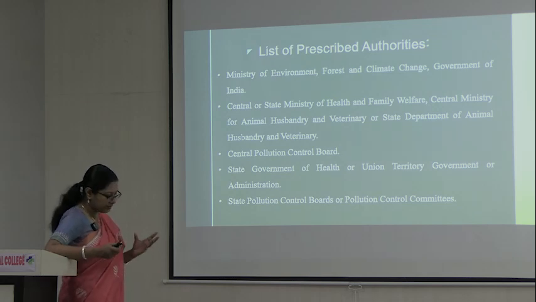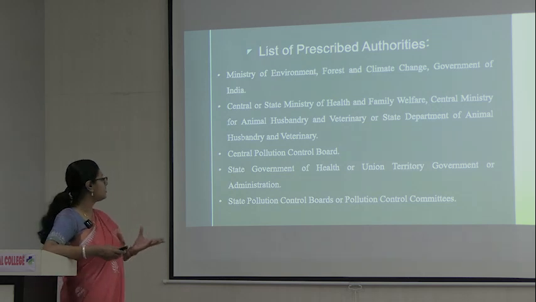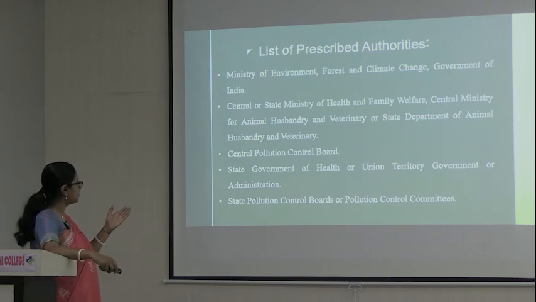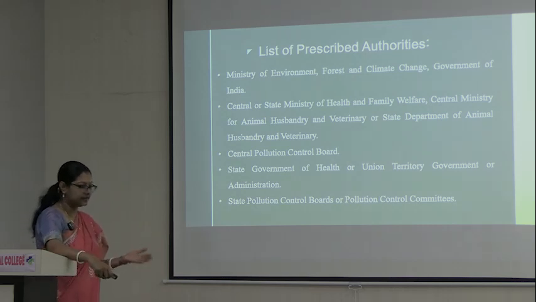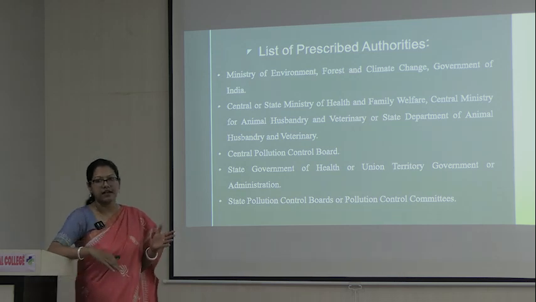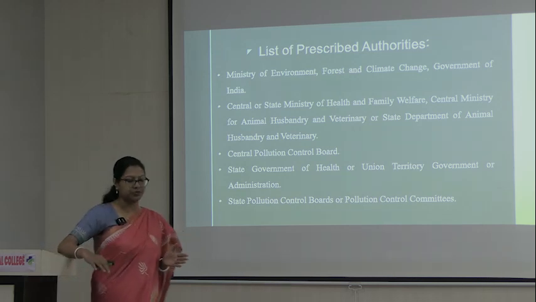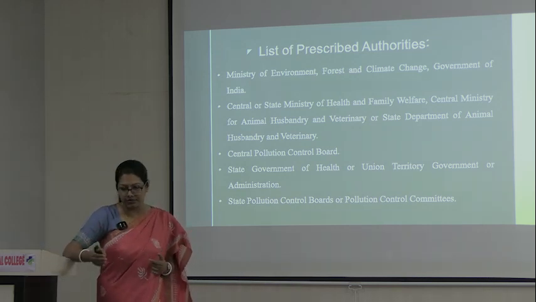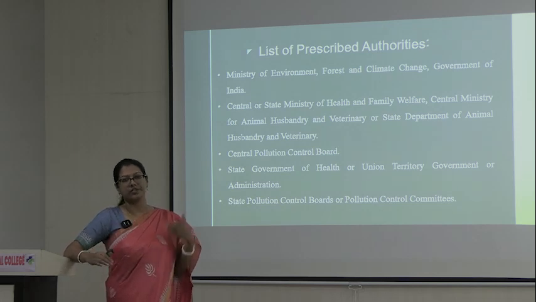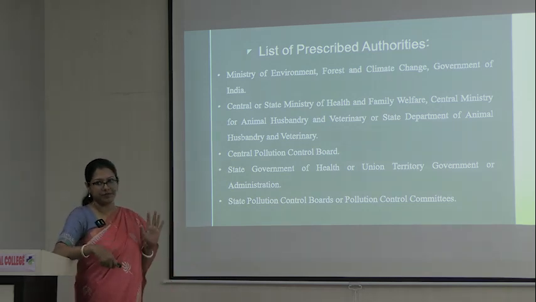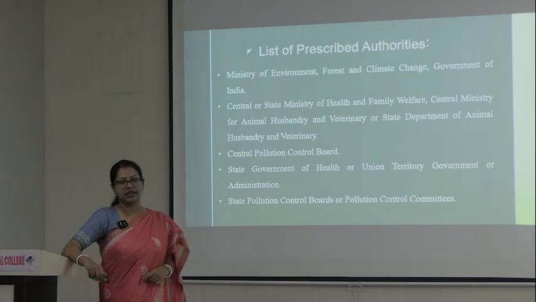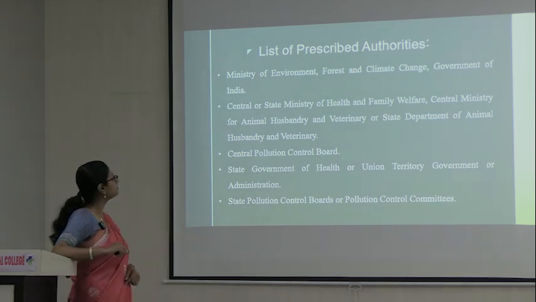If we talk about Agartala, Tripura, our authority is the State Pollution Control Board. Then one hierarchy is maintained. The State Pollution Control Board will report to the State Health Authority. The State Health Authority will report to the Central Health Authority. And finally, it is the Ministry of Environment, Government of India, which looks after all the states.